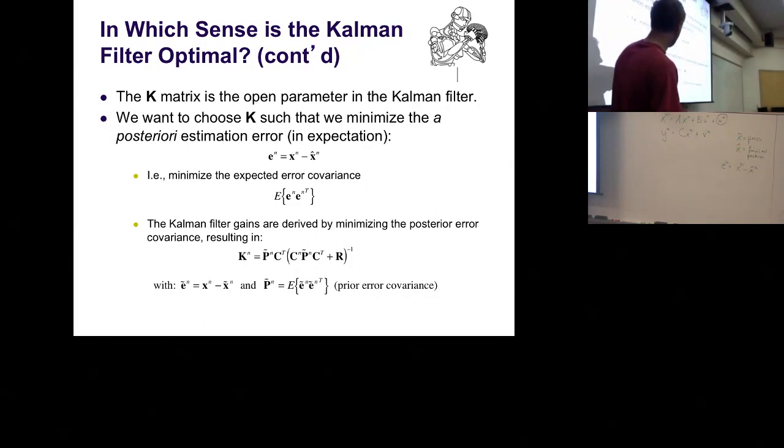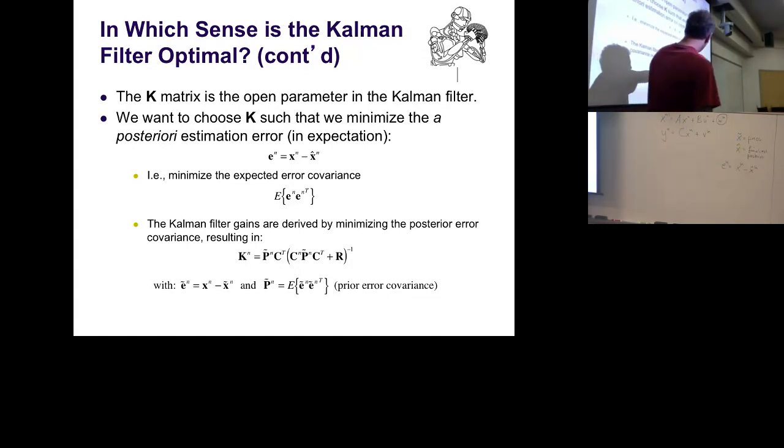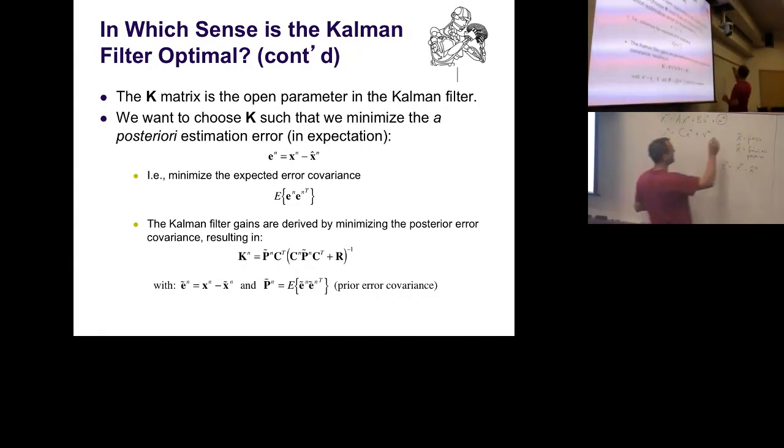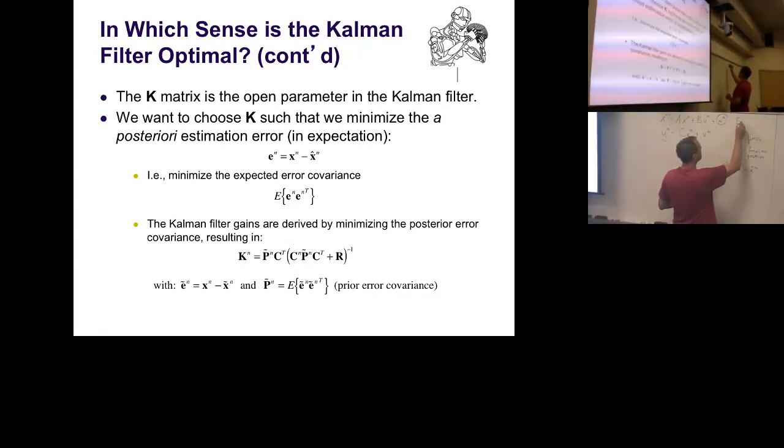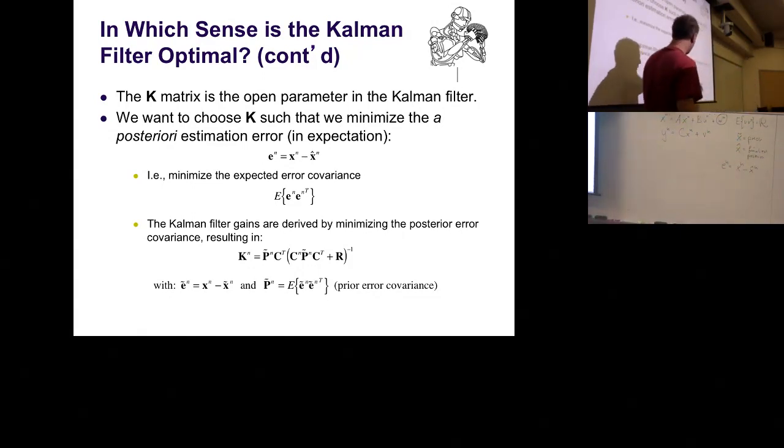And you will see that the Kalman filter gain matrix K looks like this. C, you've seen before. R, we know is the covariance. Maybe I should write this down one more time. The expectation of V V transpose was R. So that's a covariance matrix.